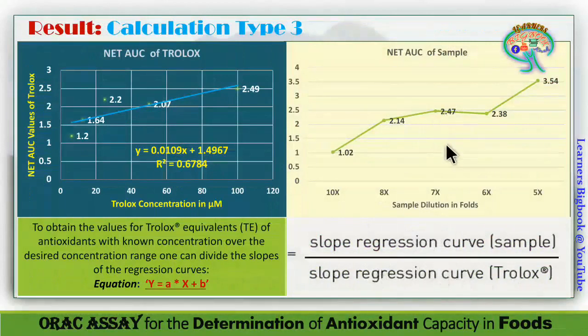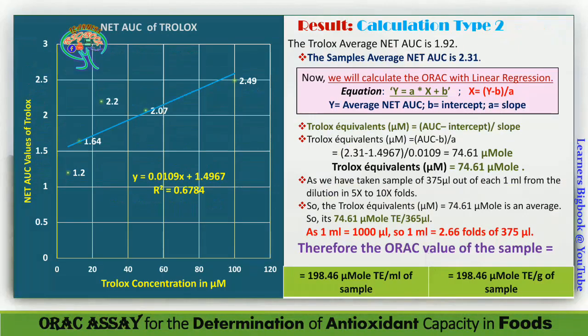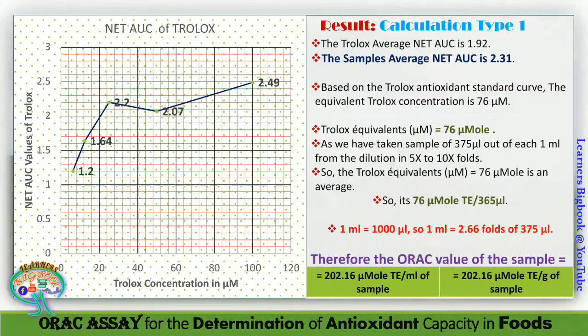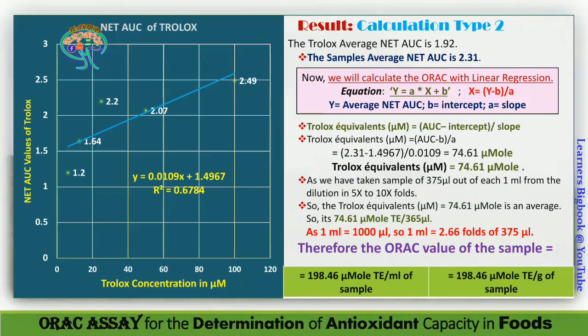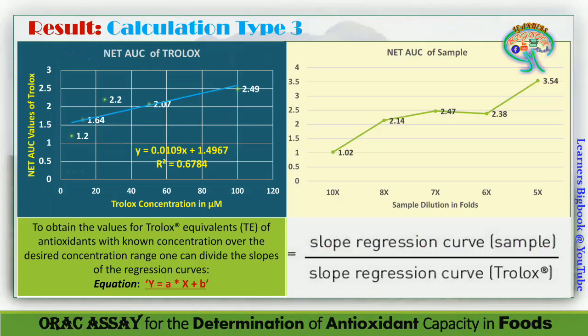If I had generated this equation here, I would have taken the slope value, that is the a value from the ax equation here, and divided these two values, and I would have got corresponding values near 74.61 and 76 micromoles. So all these three types of calculations are very easy to do and perform.